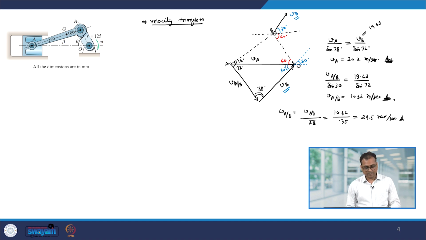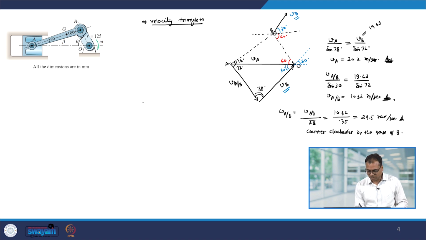And note that since B is rotating in the clockwise direction, therefore, B will see as if A is rotating in the counterclockwise direction. Okay. So, this will be in the counterclockwise by the sense of B. So, this is how B will sense.